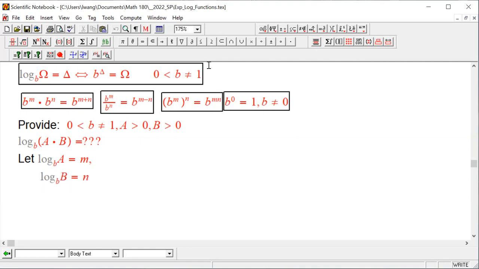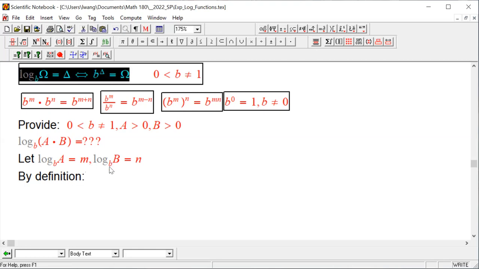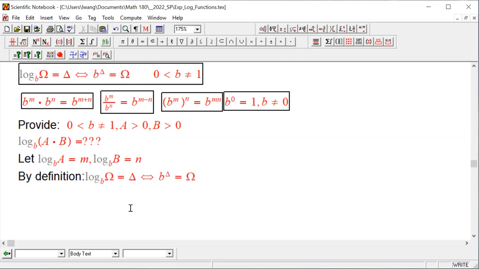By definition, right? What's the definition? The definition is right here. This is the definition.